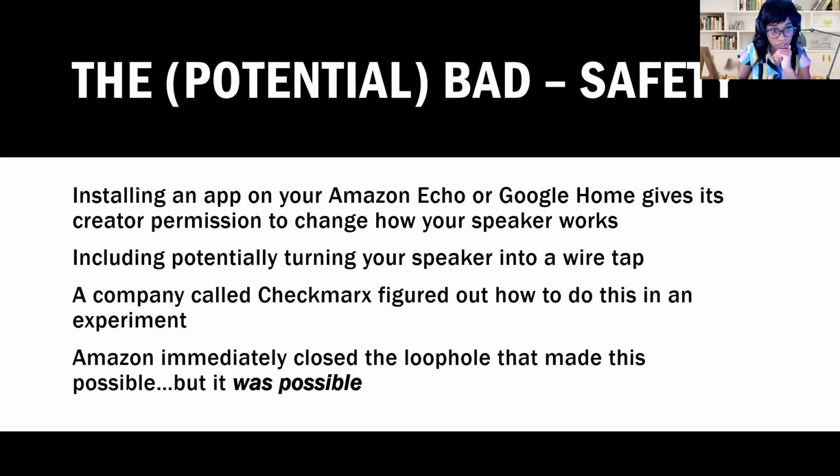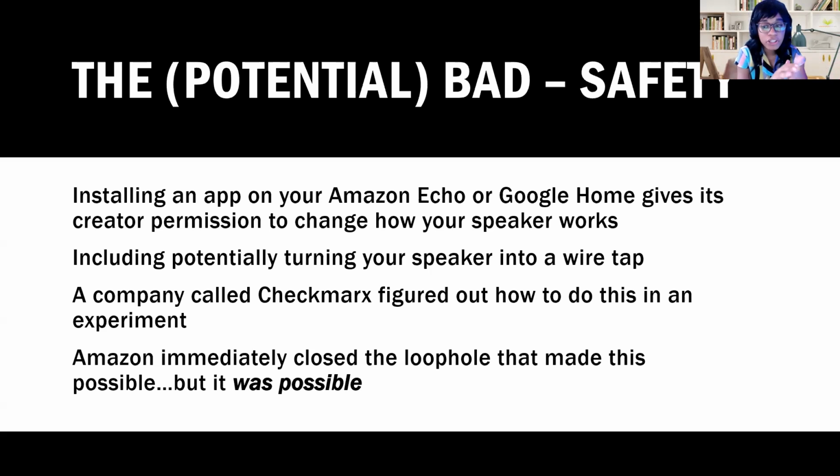Moving on to safety and privacy. Installing an app, especially a third-party app, because you can do that on Amazon Echo and Google Home, gives its creator permission to change how your speaker works, including potentially turning your speaker into a wired app.